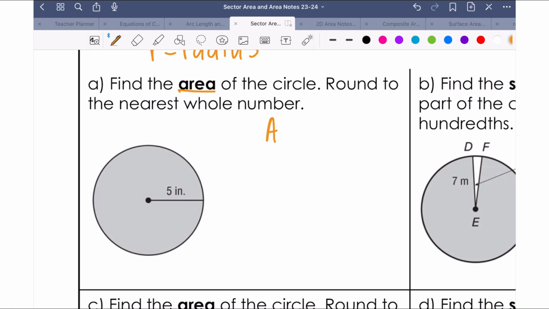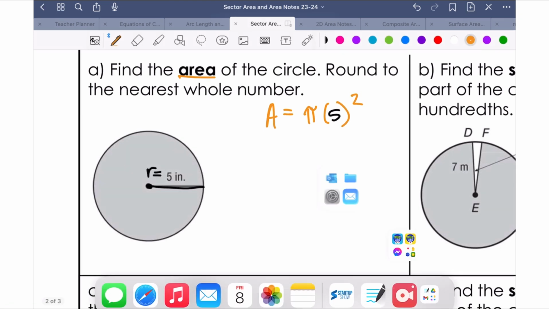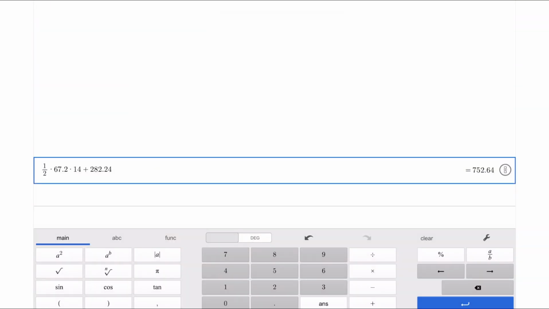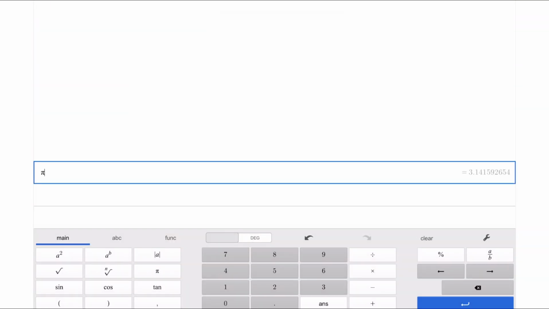So area equals pi r squared. What is my radius? My radius is here. Remember, it's from the center to the edge. So it's 5, and I'm plugging in the 5 there, and then squared. Now we just let Desmos do the math for us. Pi times 5 squared.